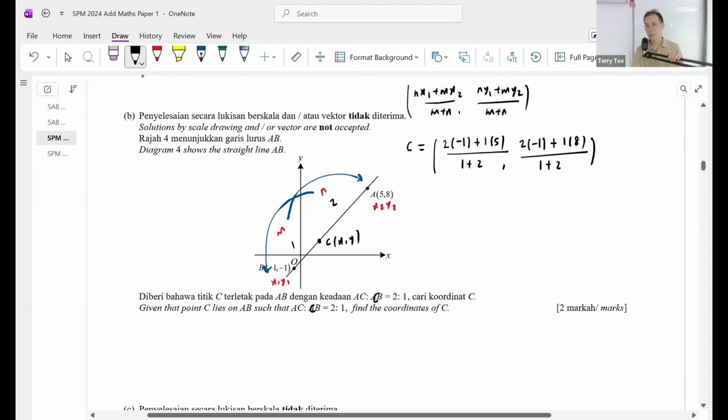So please make sure you write 1 plus 2. You cannot just write 3, have to write the whole addition. So this is 5 minus 2, which is 3. 3 divided by 3 gives us 1. 8 minus 2, which is 6. 6 divided by 3, answer is 2. So the coordinate point C is just (1, 2).